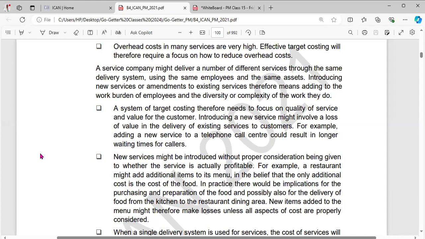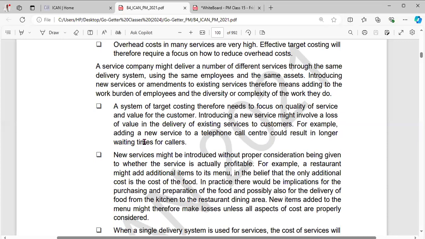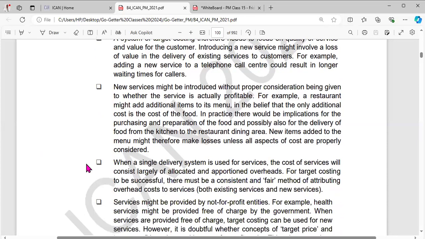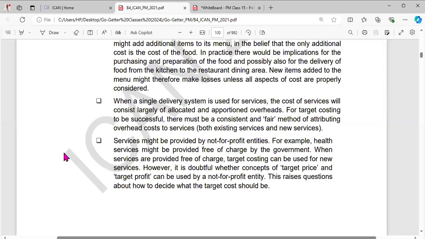And so the new items added to the menu might therefore make losses unless all aspects of the cost are properly considered. So there is a need for us to consider. When a single delivery system is used for services, the cost of service will consist largely of allocated and apportioned overhead. For example, for target costing to be successful, there must be a consistent and fair method of attributing overheads to services, both existing and new services.